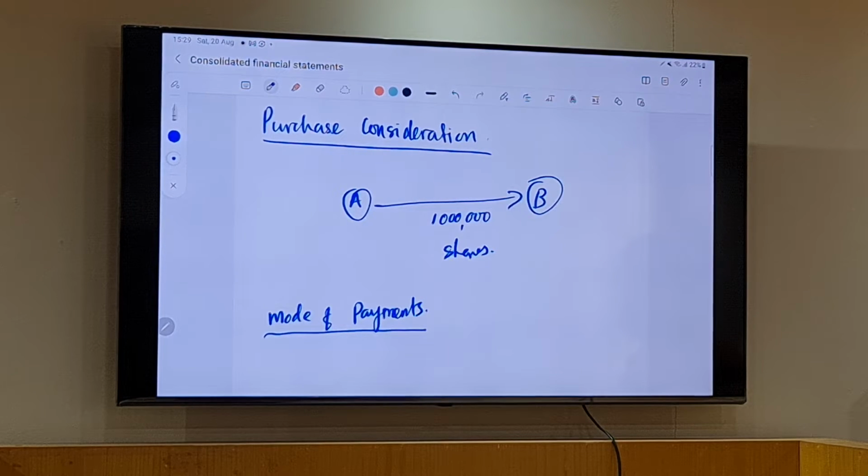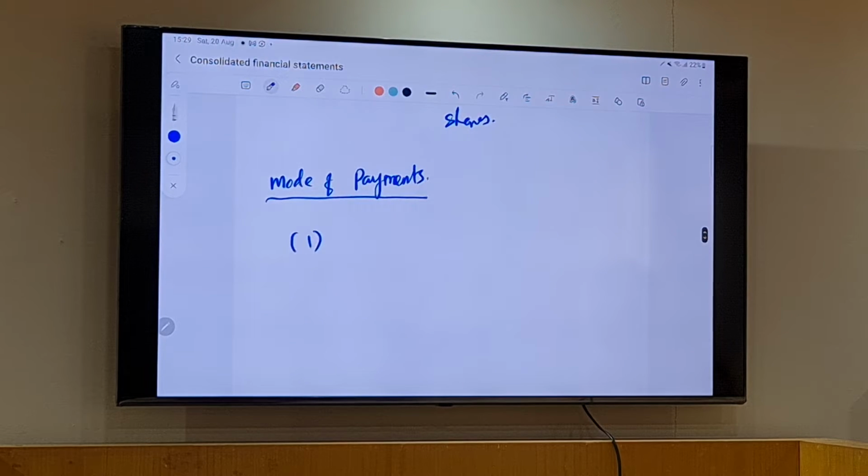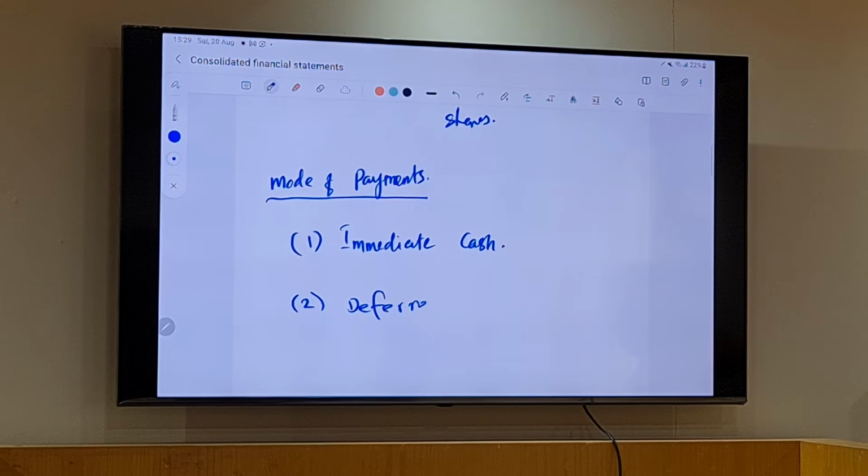That is how you are going to settle. There are 3 methods. One, immediate cash. That's what we discussed even yesterday. At the time of acquiring the company, you are paying cash. Two, deferred payments.